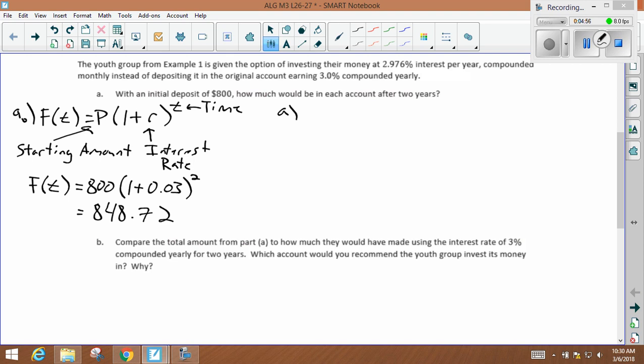Okay, so this was compounded yearly. This question is worded really weird. So they're saying, hey, do you want to deposit your $800 in an account at a 3% interest rate compounded yearly, right? Which is that standard one. Or do you want to put it into one that is compounded monthly? Okay, so this is monthly compounding.